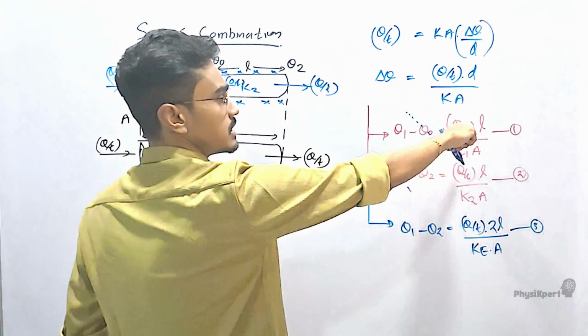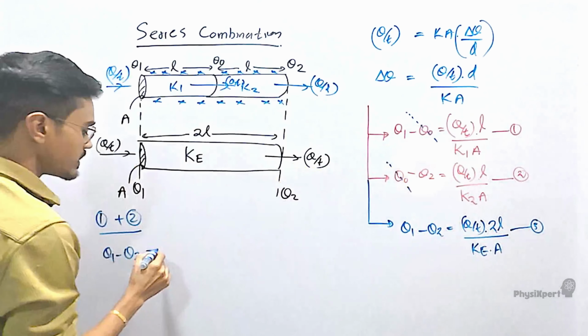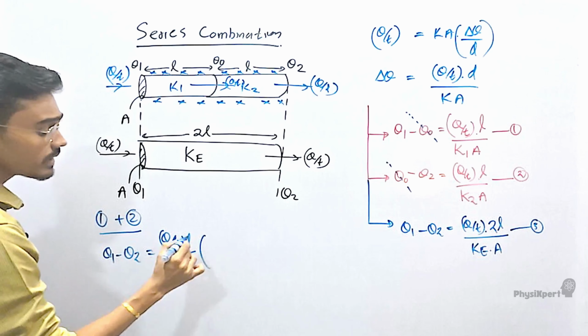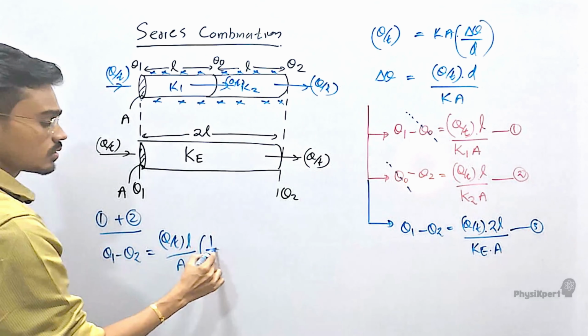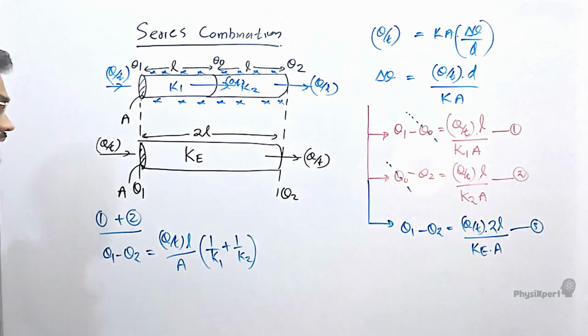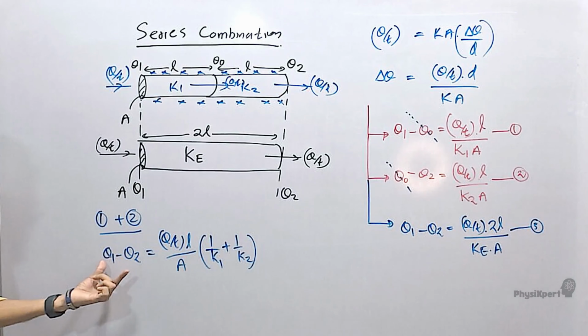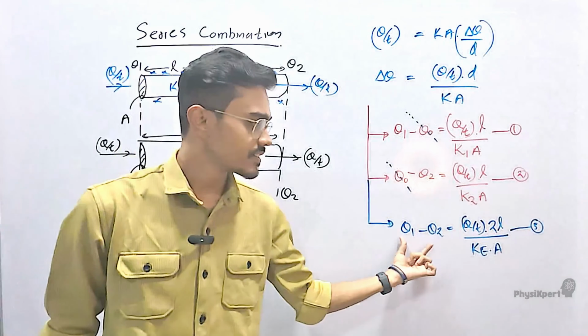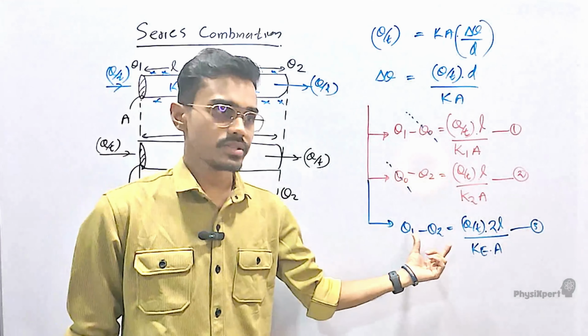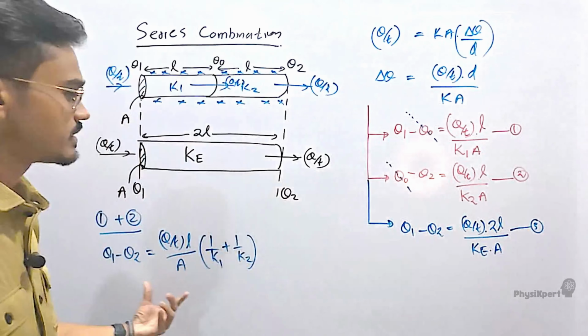From the remaining part, Q over T times L over A is common. Then what remains is 1 over K1 plus 1 over K2. Now, notice that this is also theta 1 minus theta 2, and equation 3 also has theta 1 minus theta 2. So I can substitute for theta 1 minus theta 2 from here.